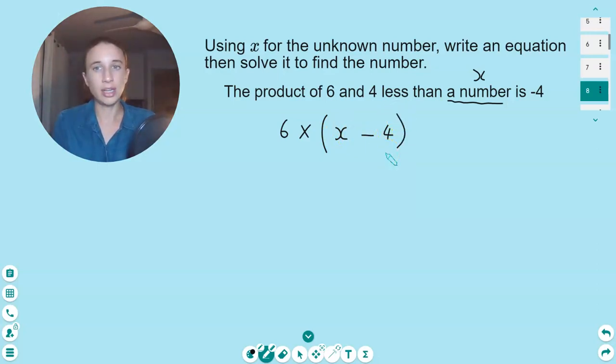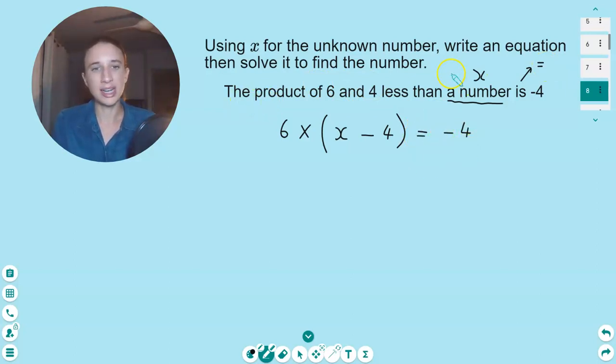I have another video on this for writing expressions, so you might want to go back and watch that. So 4 less than a number, you might think that it's written 4 take x, but you flip it. Just want to emphasize that point. So 4 less than a number is x - 4. Now, is means equals. So equals -4.